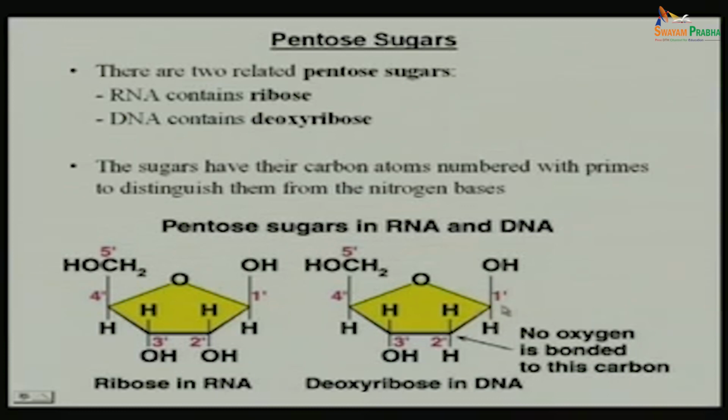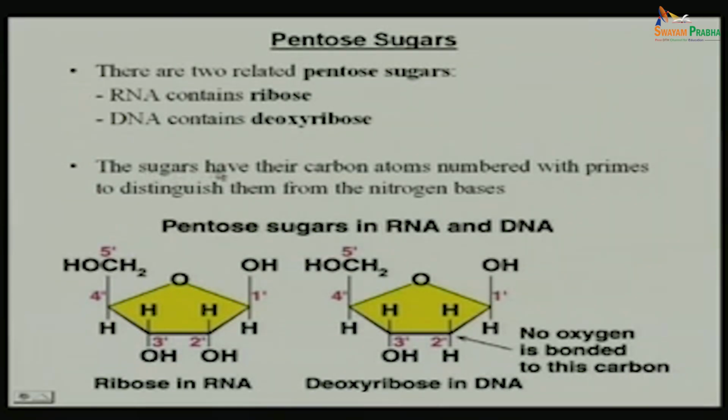See, in the second carbon, here you see one H and OH is there, but in this deoxyribose, you see oxygen is missing. No oxygen is bonded to this carbon atom, and that is the reason why it is called deoxyribose, which is present in the DNA molecule.